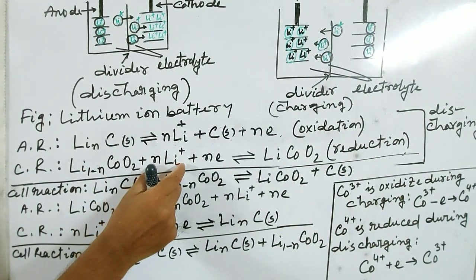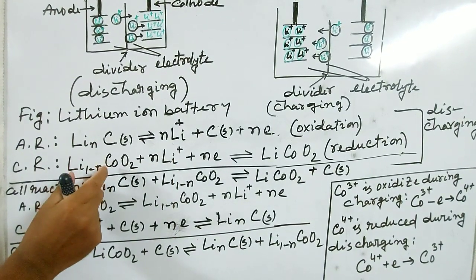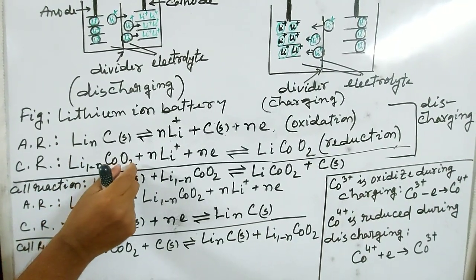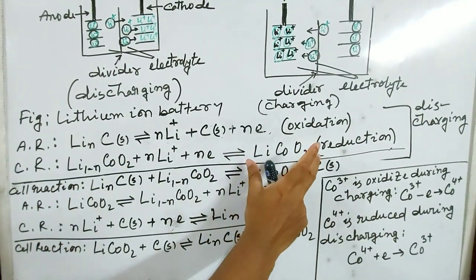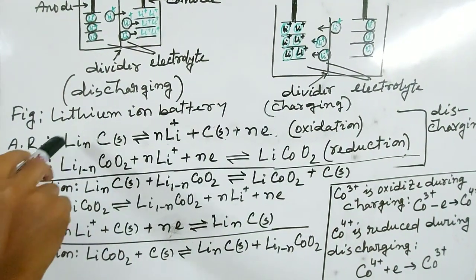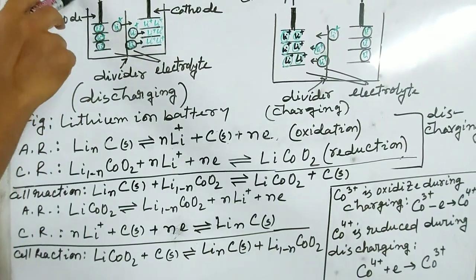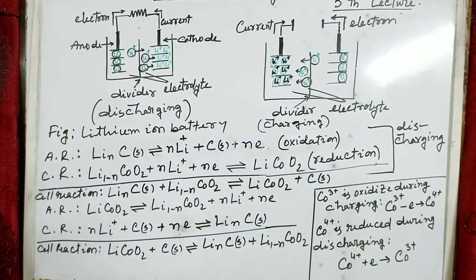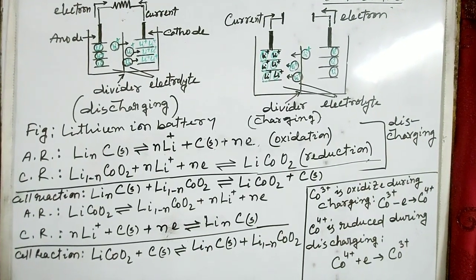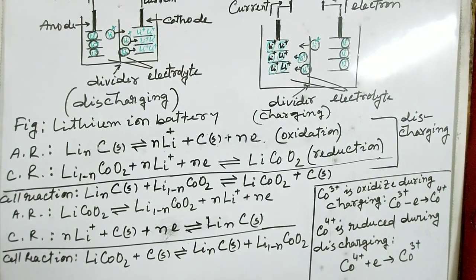After accepting n mole of lithium ion, it converts into LiCoO2 as a product. Due to the releasing and accepting of electrons, a flow of electricity is produced. That's why we can get electricity or current from the lithium ion battery.